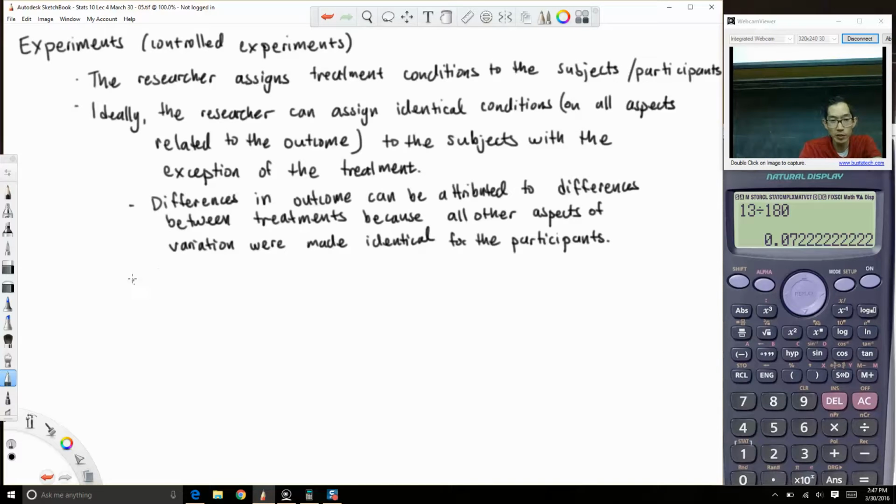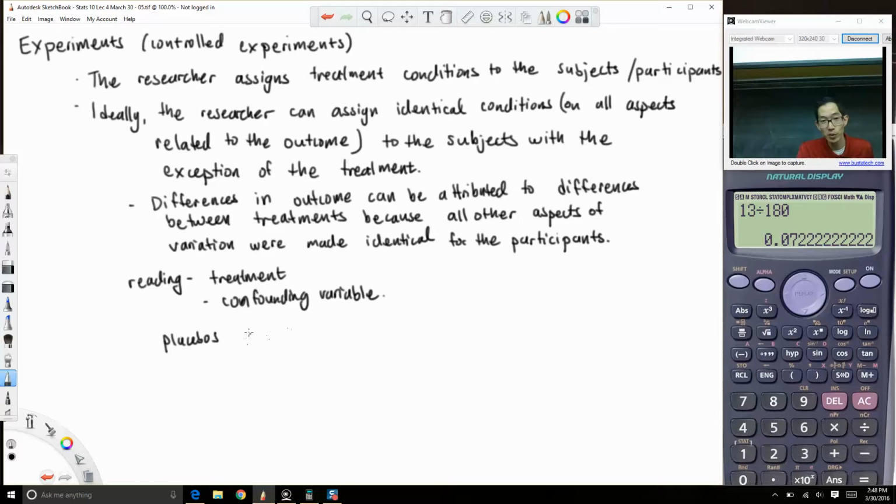So, just in your reading, look up treatment variable, and look up confounding variable. And placebos are used to help make conditions identical.